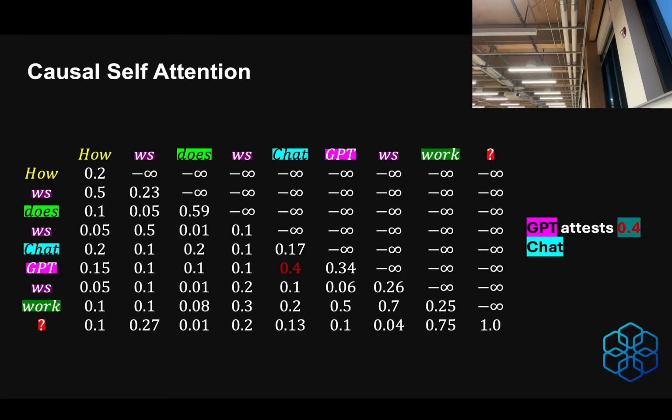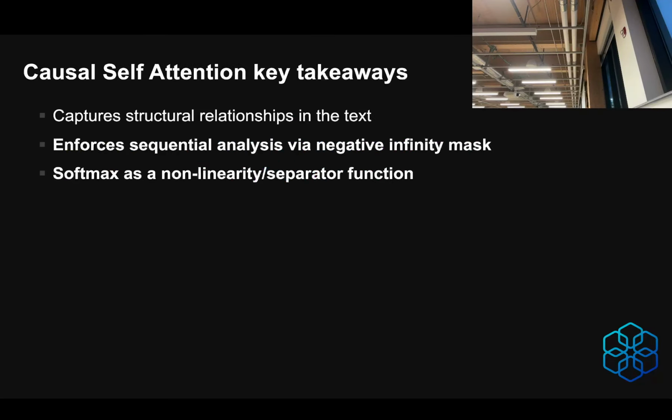So that's why it's able to know the order relationship in our input, and also the rich contextual information of each and every single word and how they relate to each other. And then we enforce the sequential analysis, so we can't just have our model learn the full spectrum of the text because it needs to do it in such a way that it's able to later generate it.